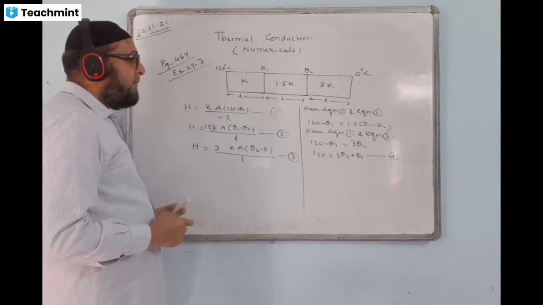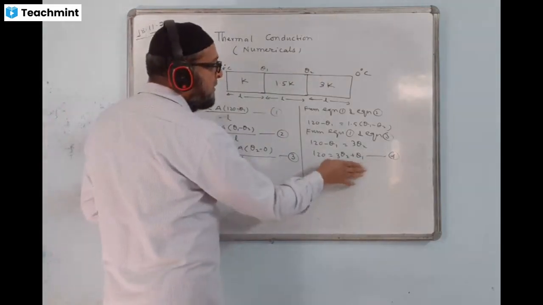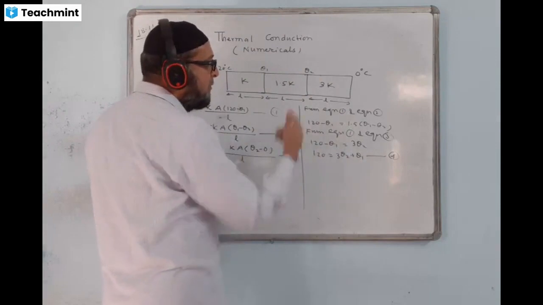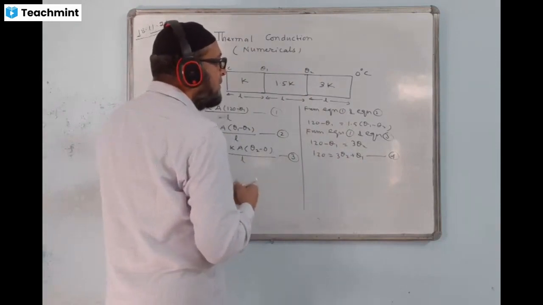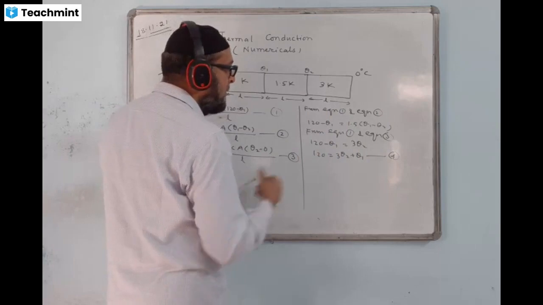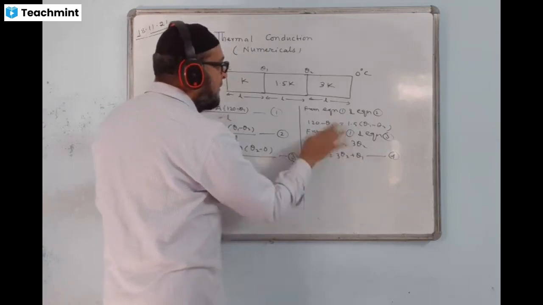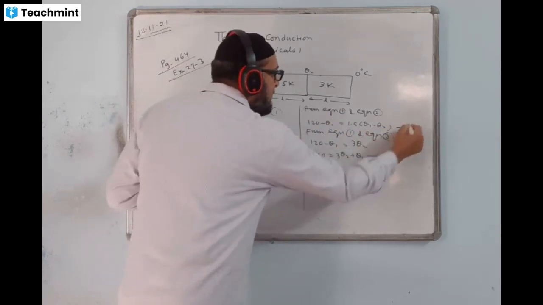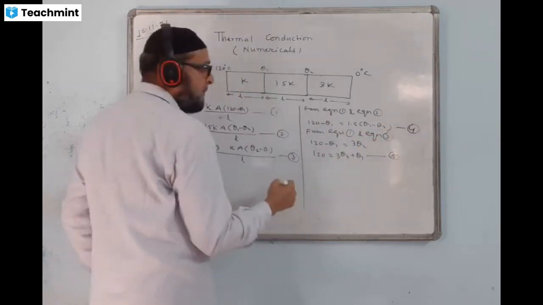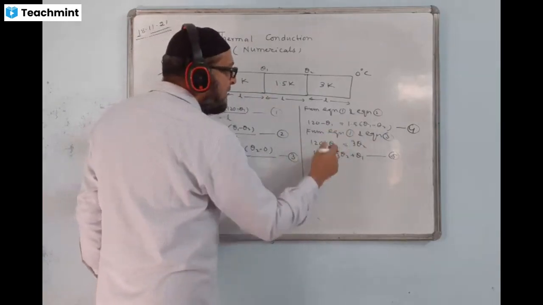What I can do, I'll put the value of theta 1 from this equation over here, or I'll solve simultaneously. Any one way we can do it. I'll be putting the value of theta 1 in this equation. Mark this equation 4, this is equation 5. Or you can change this equation, you can simplify and get the answer.